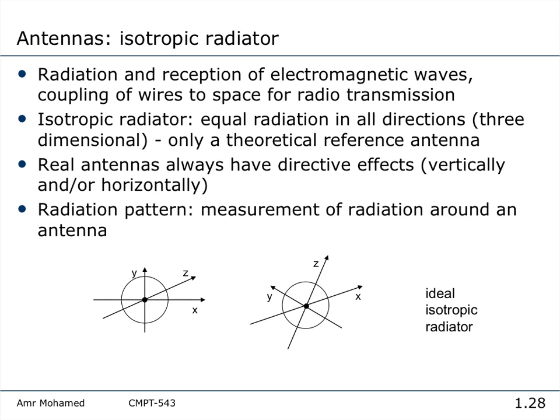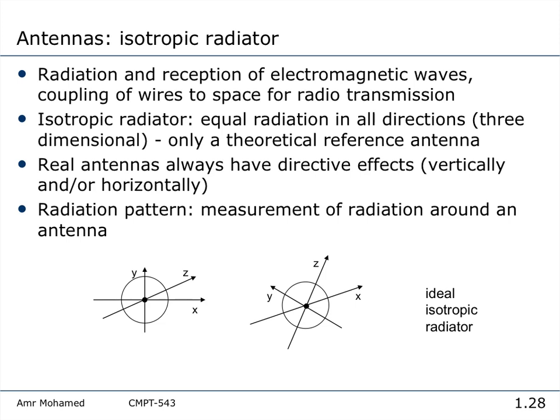These antennas and the radiation that goes out of them also have certain properties and characteristics which we need to understand. For starters, we know that the ideal antenna is just a point or a small sphere in the air, which tends to radiate electromagnetic wave in all 3D with the exact same homogeneity.